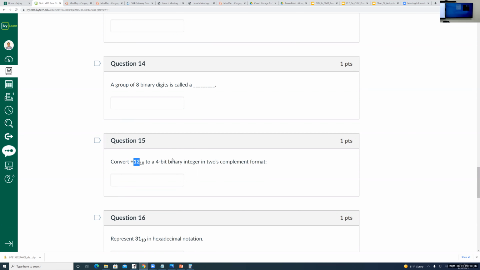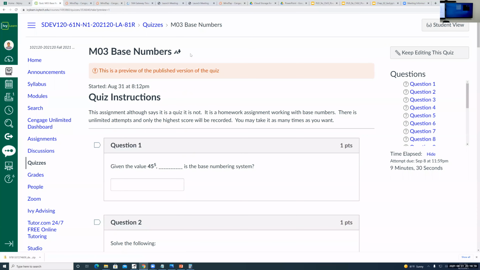This one actually you cannot do. It will have overflow here because you have 8 bits. That means you have everything from negative to positive 8 only. So I think I have to modify this one. I have to keep editing this one.